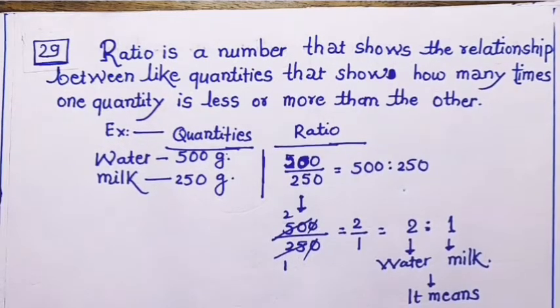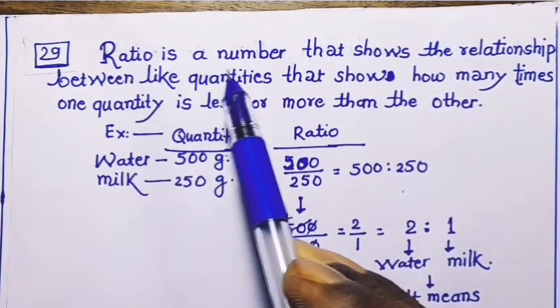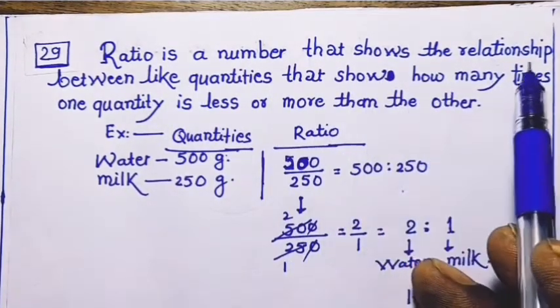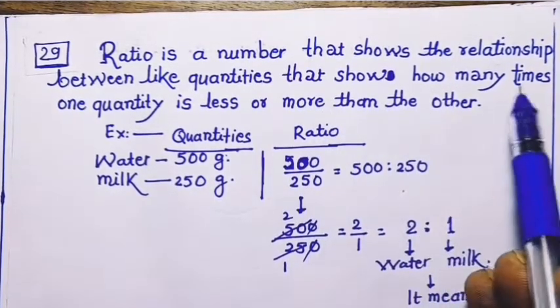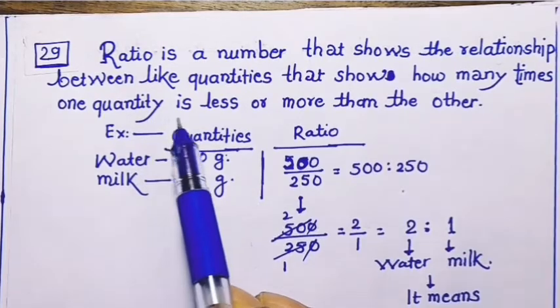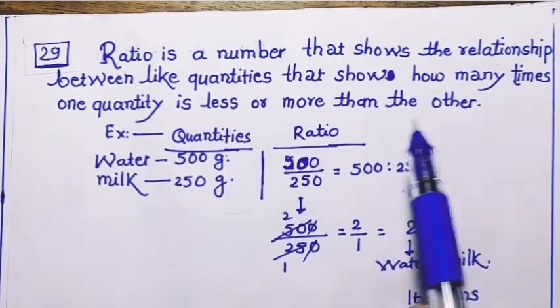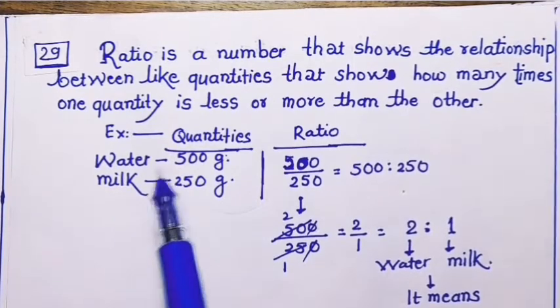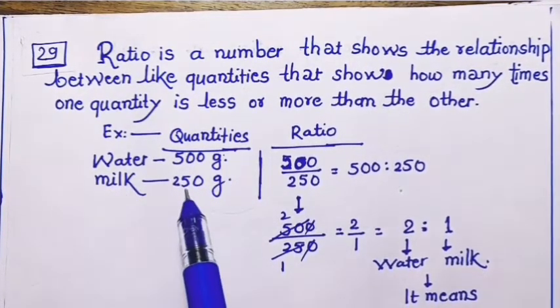You can see number 29, it is written: ratio is a number that shows the relationship between like quantities, that shows how many times one quantity is less or more than the other. The quantity of water is 500 grams, milk 250 grams.